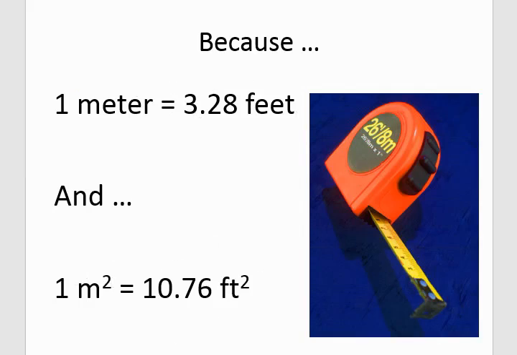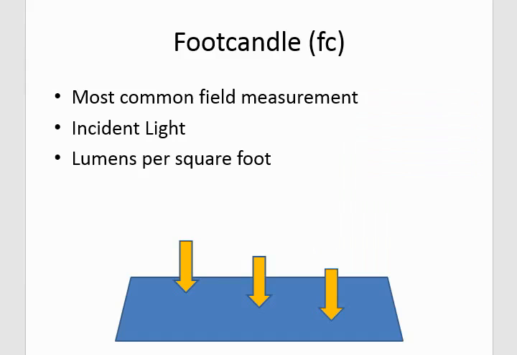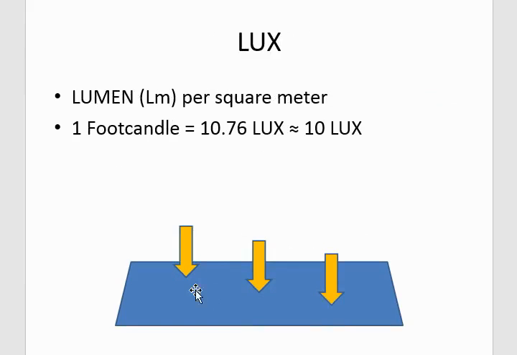And which one is going to be brighter? Well, if we take the same lumen spread over 1 square foot versus that same lumen spread over a larger square footage, 10.76 square feet, the lux surface will be illuminated more dimly than the foot candle.